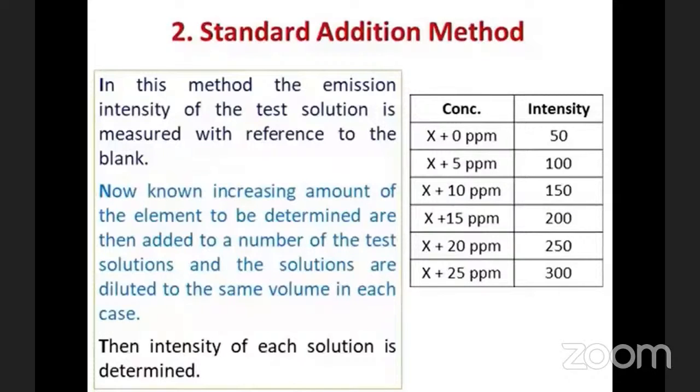Then, a series of solutions containing a definite amount of the unknown solution X and varying amounts of the standard solutions, that is 5 ppm, 10 ppm, 15 ppm, 20 ppm and 25 ppm, are aspirated one by one into the flame and their emission intensities are determined with reference to the blank.